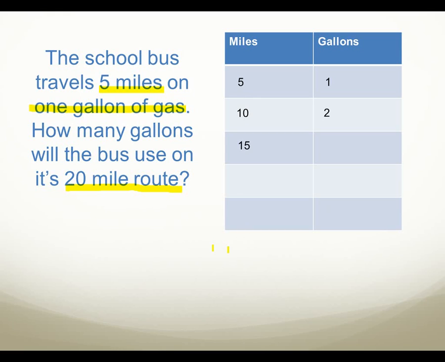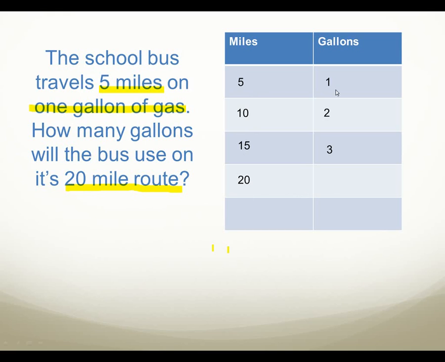Okay, if they travel another 5 miles, that would be 15 miles. They're going to use 3 gallons of gas. Okay, and I see a pattern here, 5, 10, 15, 1, 2, 3. So this is increasing by 5, and this is increasing by 1. So next, she's going to travel 20 miles. Oh, and that's what we're looking to find out.